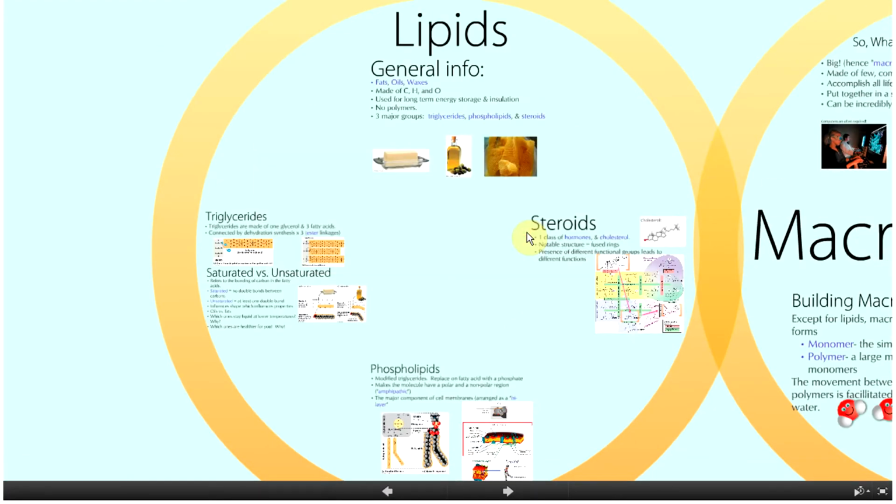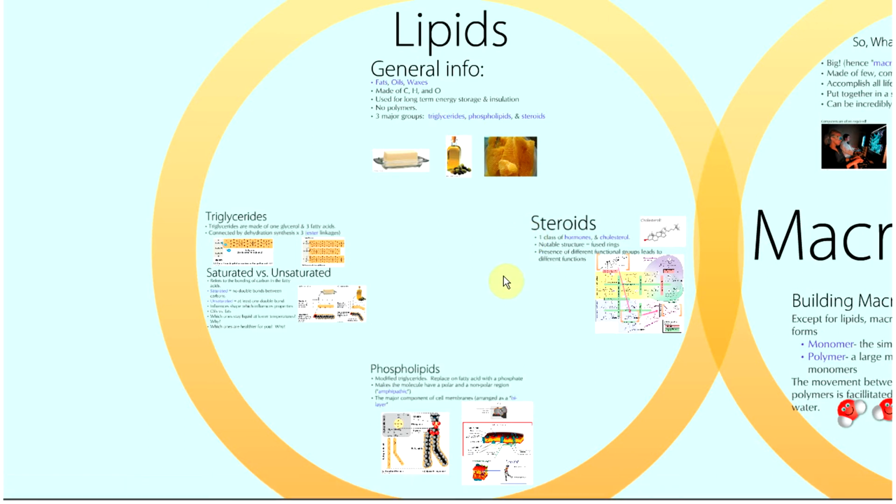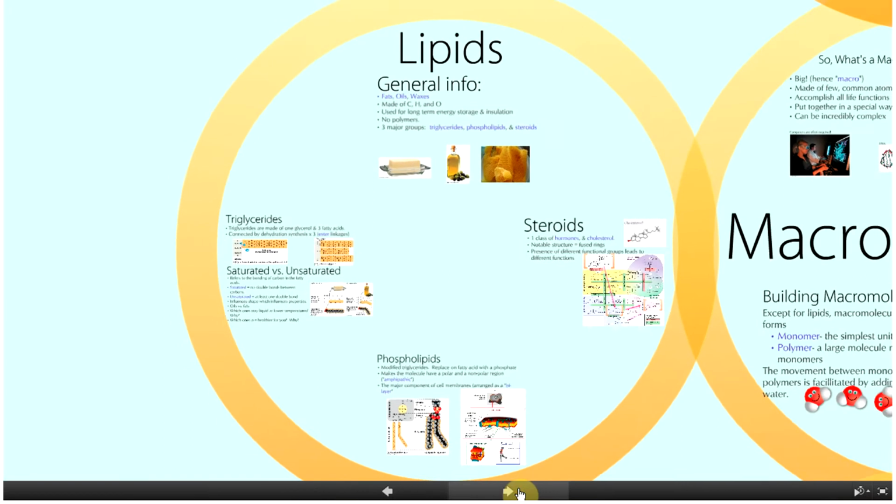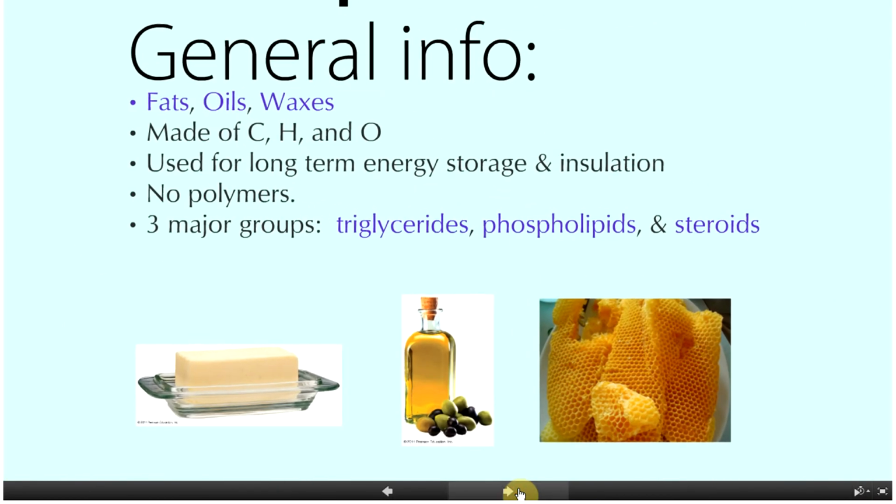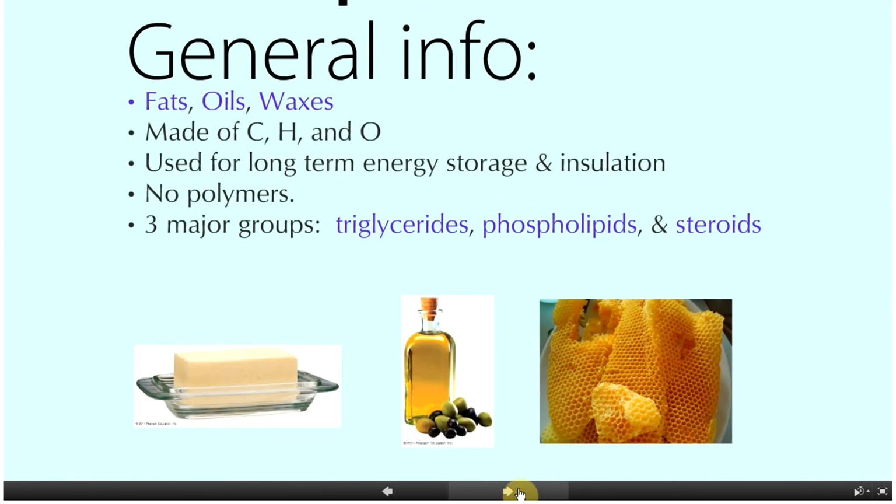Okay, so now we're going to talk about the lipids, another term for fat molecules, and we'll start with some general information about the lipids. Lipids include fats, oils, waxes, and they're made out of three main elements, the same elements that are found in sugars.